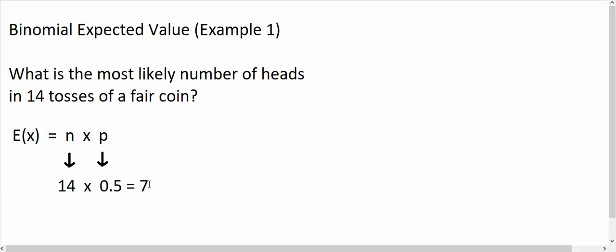So if one person tosses a coin 4 times, their expected value is 2. And if a person tosses a coin 100 times, their expected value is 50 out of 100. But that second person is more likely to get something close to 50, their expected value, compared to the first person who's only tossing 4 times. The first person could easily get 4 heads out of 4 or 0 heads out of 4 because in a small number of trials, extreme outcomes are more likely to happen.